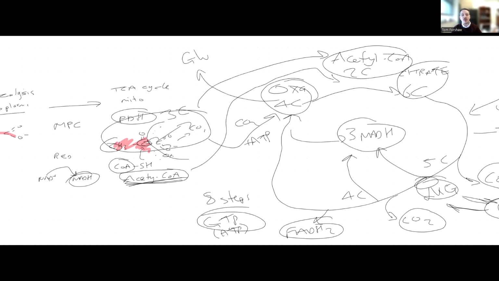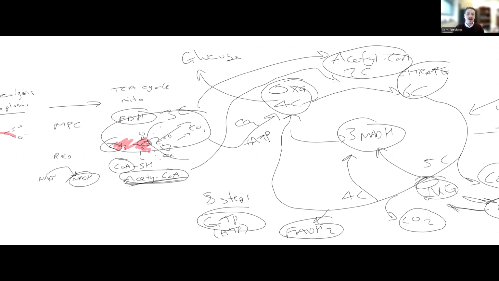I'll call it glucose, so you don't mix it up with glutamate. You can't go directly from pyruvate up through glycolysis. Instead, you need to convert that pyruvate into oxaloacetate and then go up through glycolysis. And that may seem complicated and confusing. We're going to get into it in the next series of lectures, but I did want to just mention it.